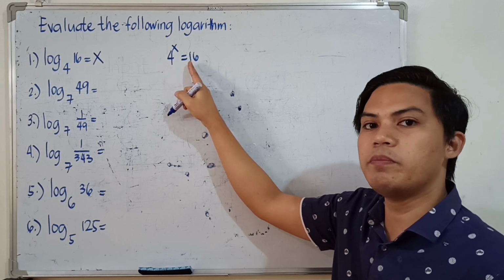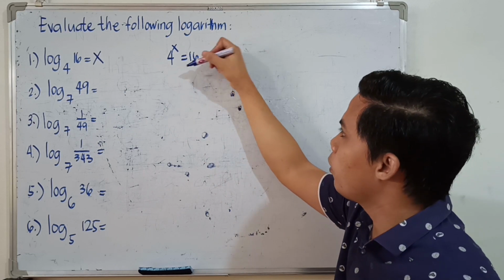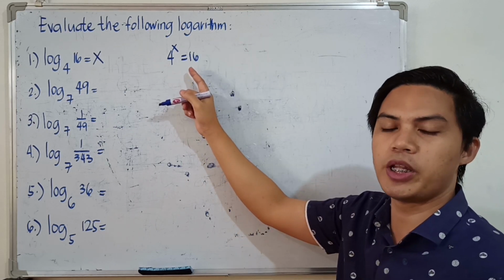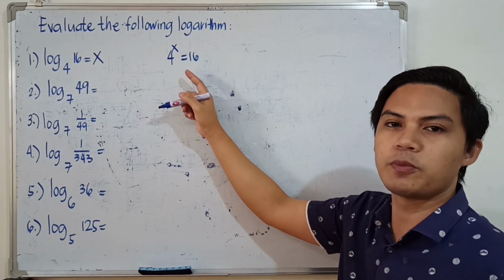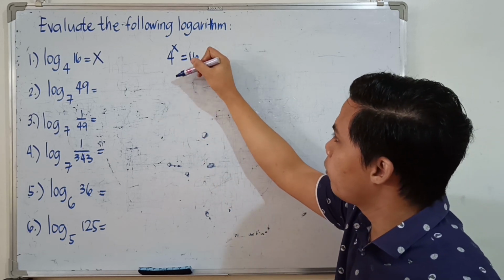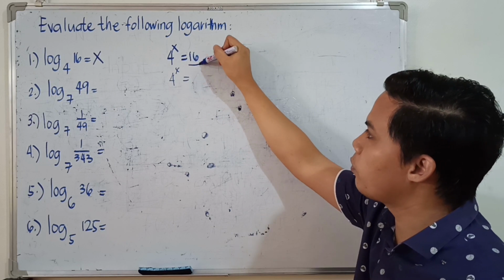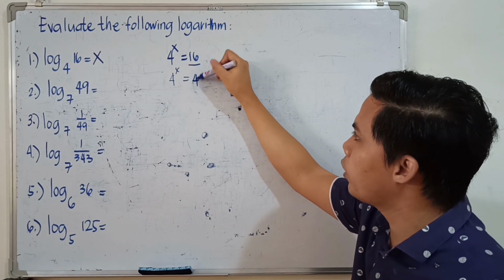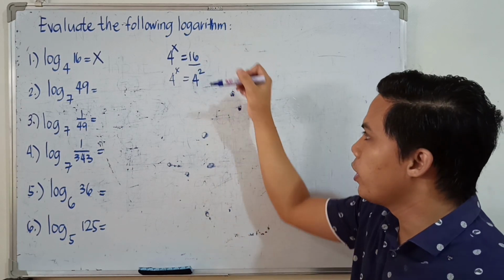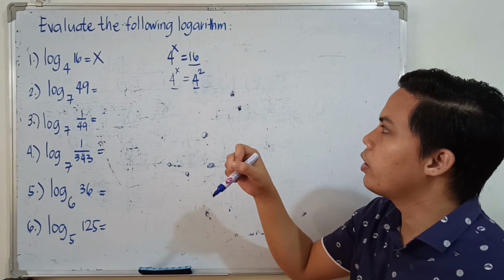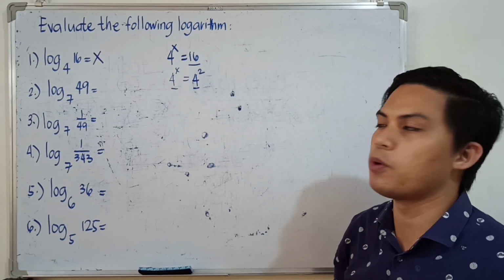You can do it mentally, pero kung gusto natin ng process, we can solve this one using exponential equation. So, we make sure na yung base ay magkaparehas. So, yung 16, we're going to express this one as 4 squared. Now, since same na sila ng base, then I can equate the exponent.